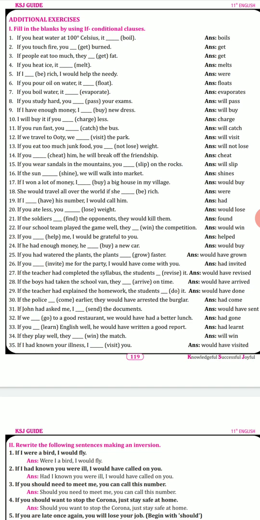And then the 11th sentence: if you run fast, you (catch) the bus. Catch is the verb in bracket. This sentence talks about a possible or probable condition.